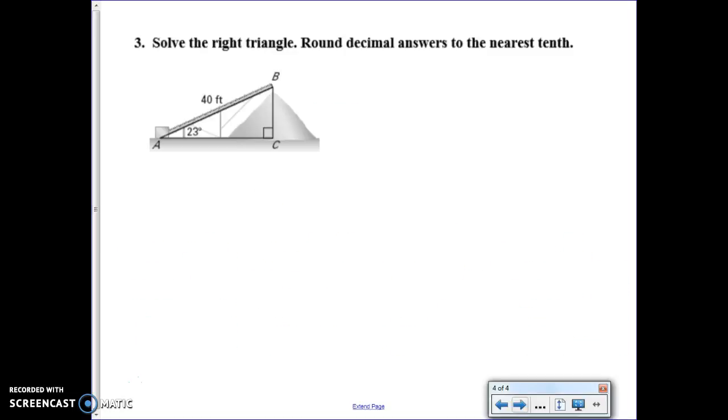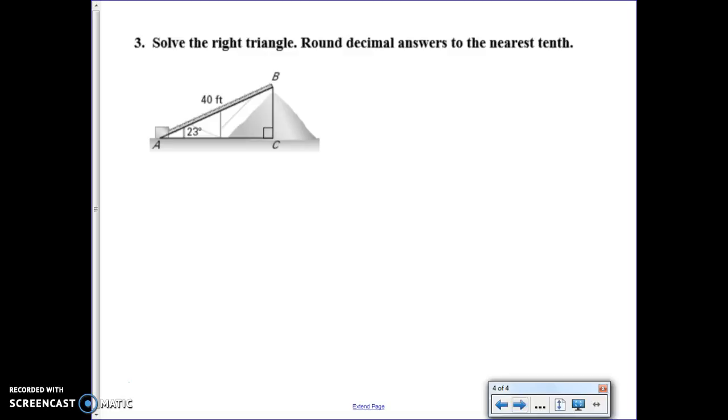Let's practice one more of these. It says solve the right triangle, round decimal answers to the nearest tenth. There are a couple different ways that you can solve this. We want to find the length of AC, the length of BC, and we need to find angle B. One way to find angle B would just be to add up all of the angles.